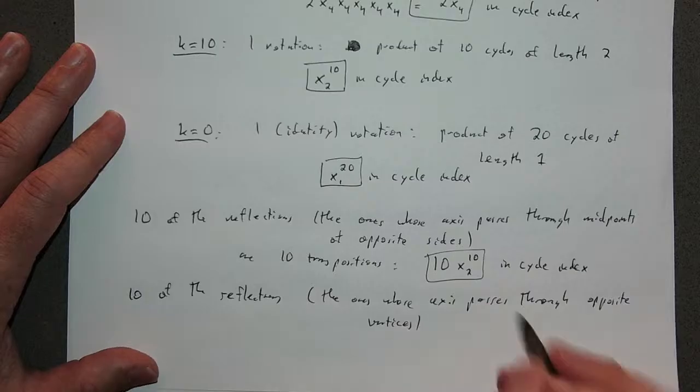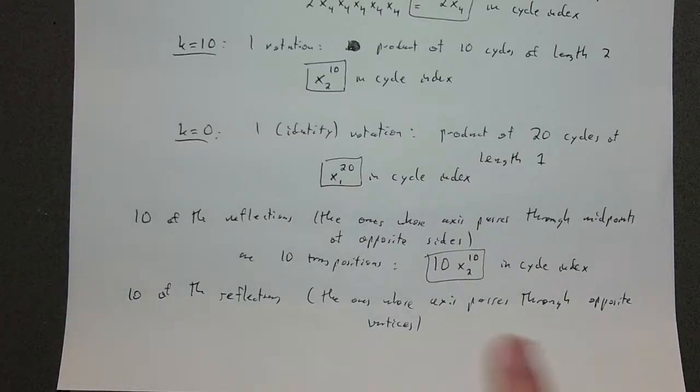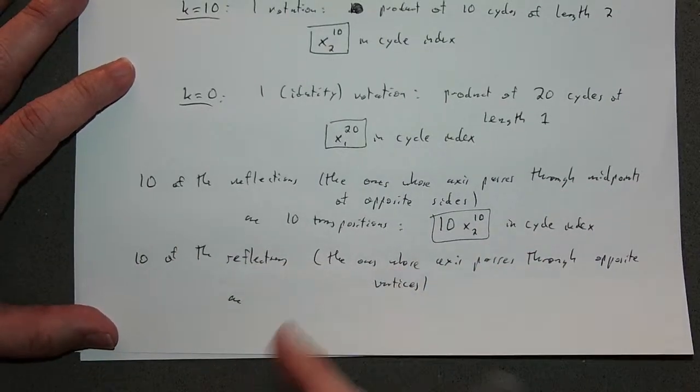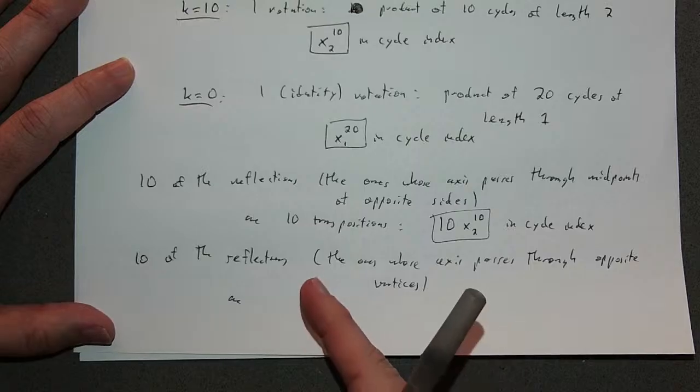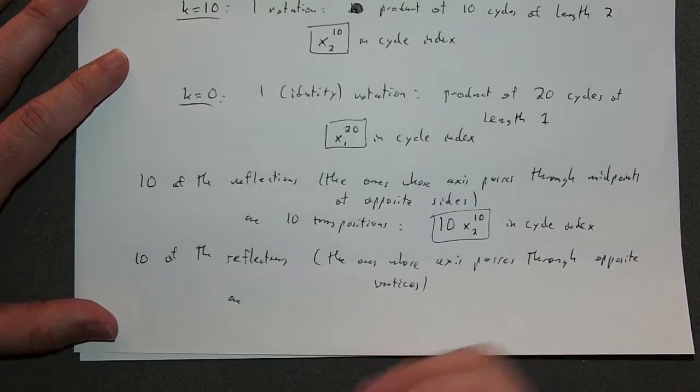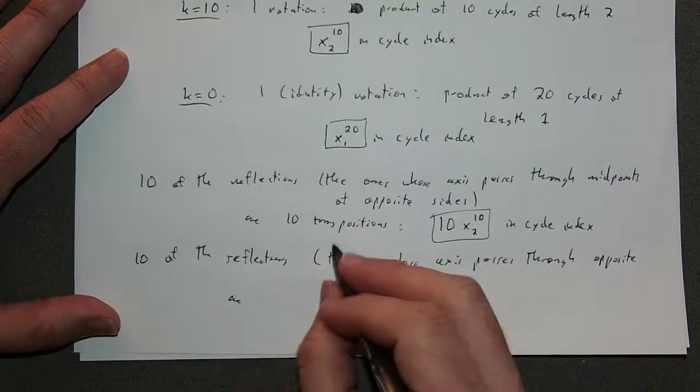Well, since the axis passes through those vertices, it fixes those vertices, right? And so these are going to consist of 9 transpositions, and they fix the other 2.